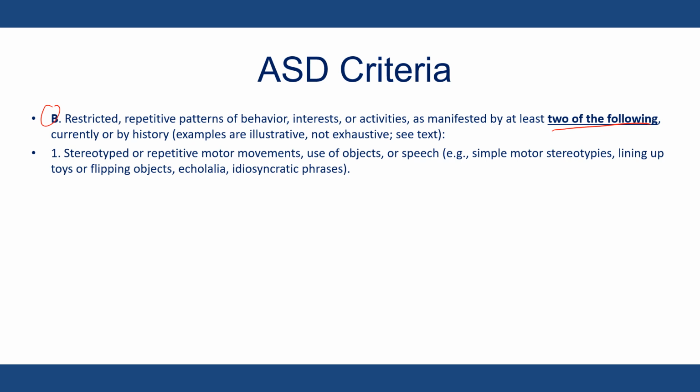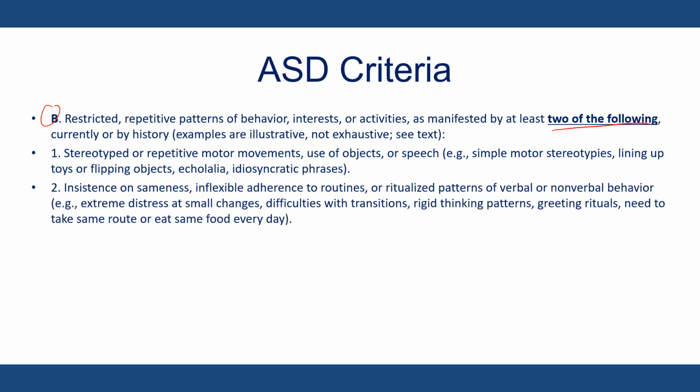So here you're going to have a child who's lining up all the toys, or flipping objects and so forth. B2 would be a child who needs to follow the same routine. Everything has to be the same.